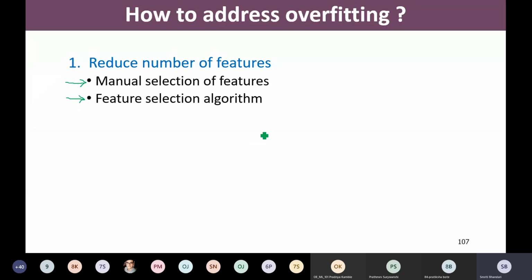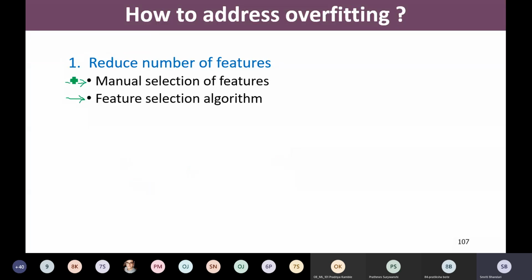Because one of the reasons for overfitting is having more features. So the first solution says to reduce the number of features so that you can address the problem of overfitting. There are two ways to reduce the number of features. First is manual selection of features, and second is making use of feature selection algorithms so that only the dominant features can be selected automatically.